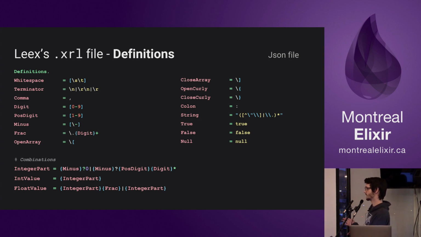For the string, we will trim it because it has surrounding quotes, and we don't want these. We will have only the clean string inside the double quotes. After that, we have true, which is cast to a real true. False also. Null will be cast to a nil. And we have the other tokens, like curly braces or square brackets, that we will convert into actual atoms.